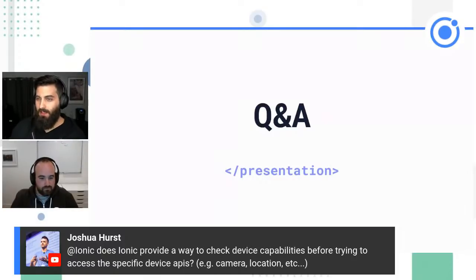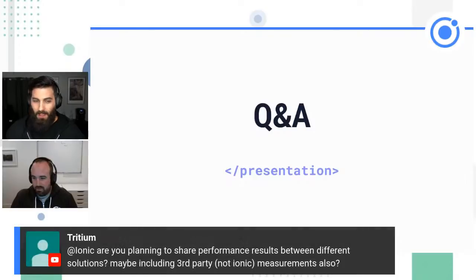Let's see, what do we got? There was one question I saw pop up during things, and I really want to bring it up. Are we planning to share performance results between different solutions, maybe including third-party or not Ionic, to measure the difference?